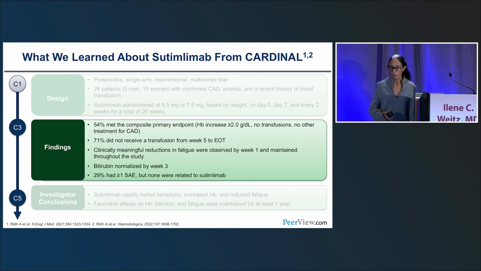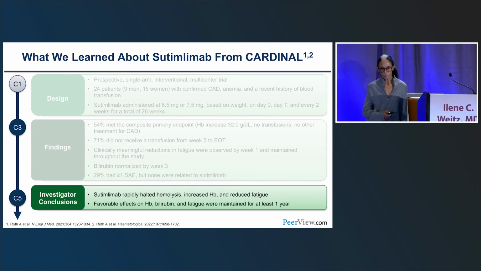Bilirubin normalized by week 3, and 29% had at least one SAE, but none were related to sutimlimab. So the conclusion: sutimlimab rapidly halted hemolysis, increased hemoglobin, reduced fatigue, and had a favorable impact on hemoglobin, bilirubin, retic count, and fatigue, and was maintained for at least 1 year.